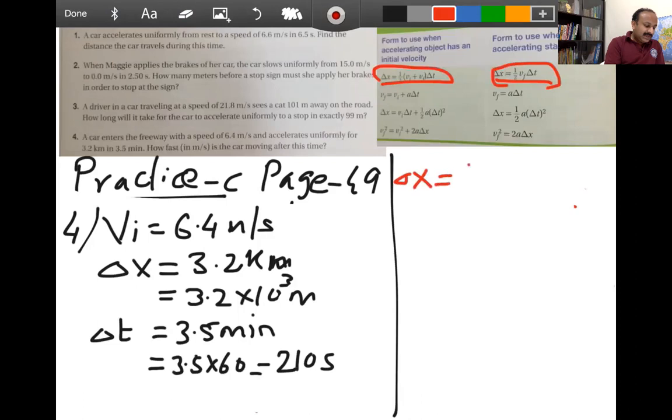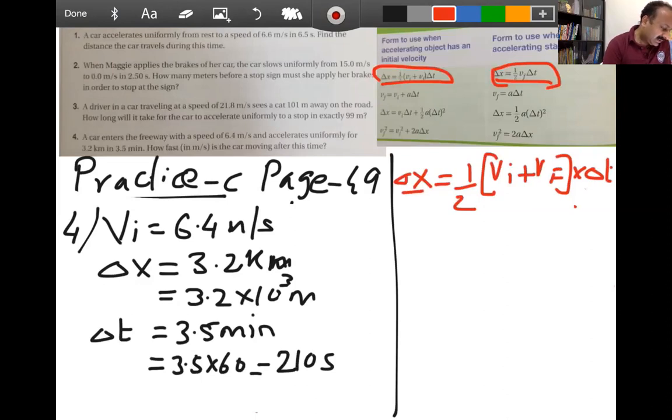Delta x is half into vi plus vf times delta t. So you are looking for vf. Delta x is given, delta t is given, vi is given. You are only looking for vf.